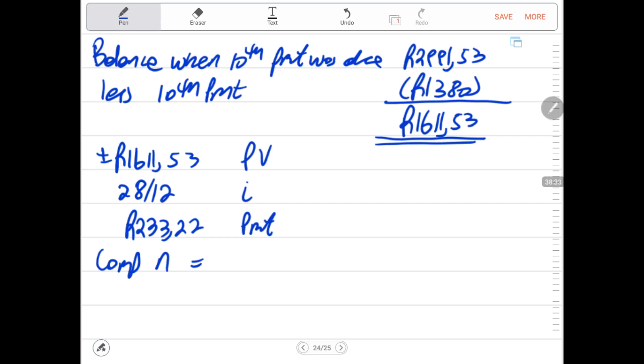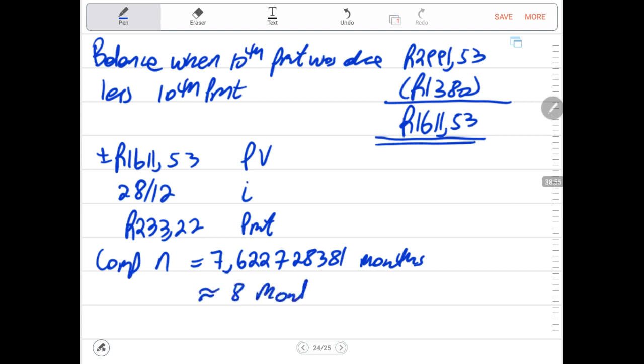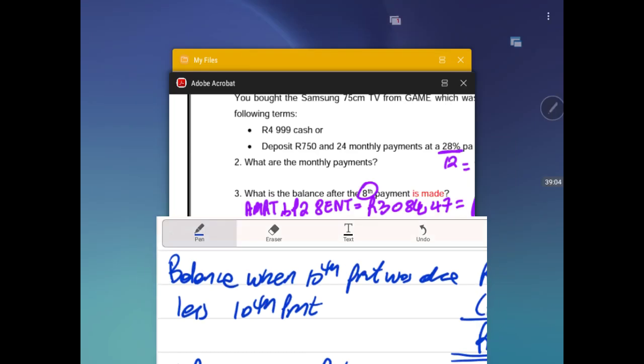We compute our N. Compute N, we get 7.62272881 months, which we know will be equivalent to 8 months, meaning only 8 months are left now. Then we have responded exactly to the first instruction.